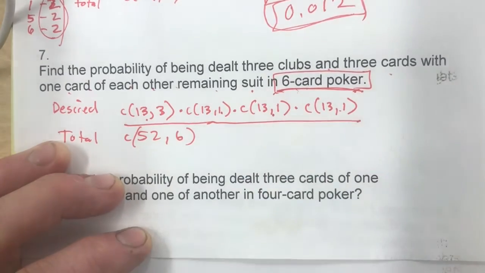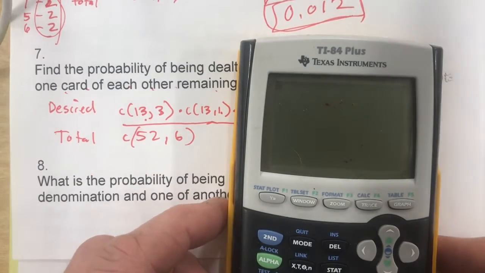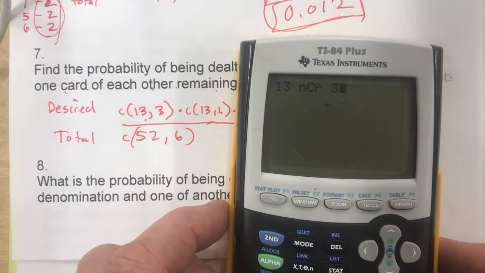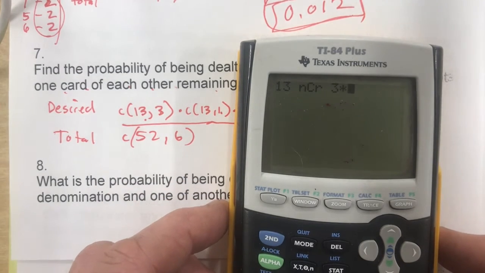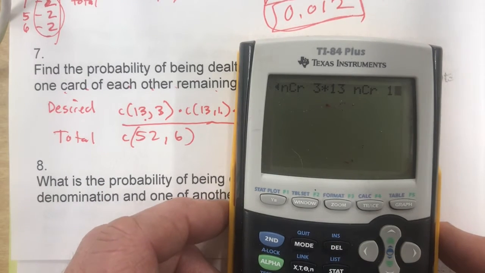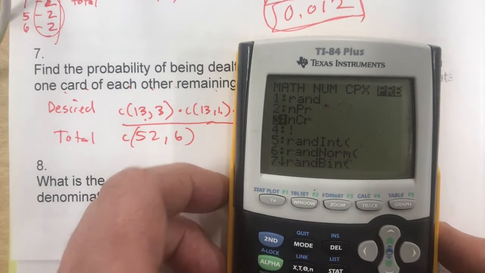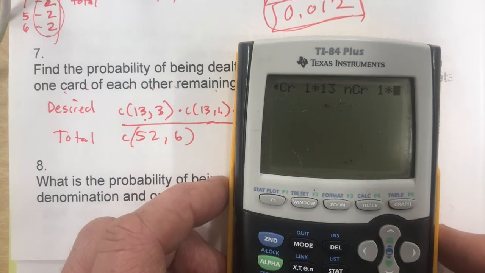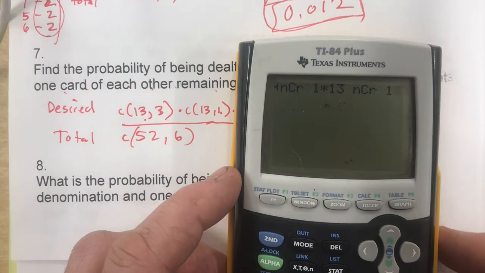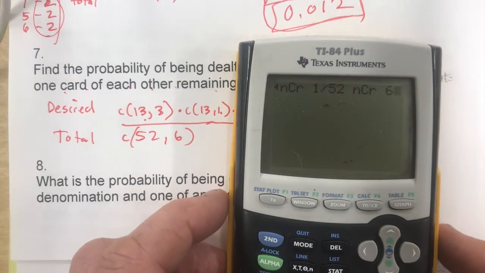Okay, and so punching this in. Okay, 13 choosing 3 of those, times 13 choosing 1 of those, times 13 choosing 1 of those, times 13 again choosing 1 of those, and then divide by 52, and we're choosing 6 of those.